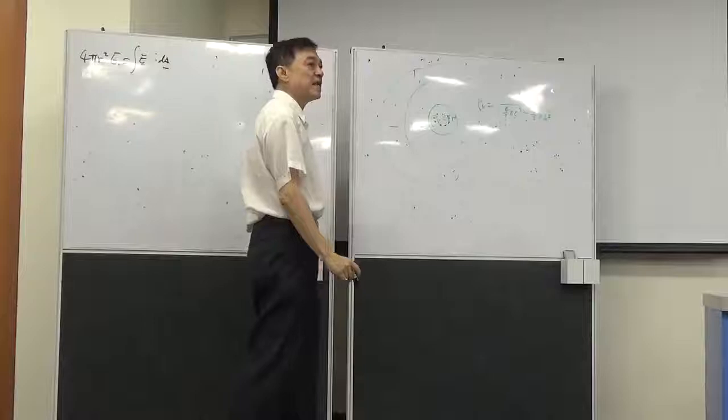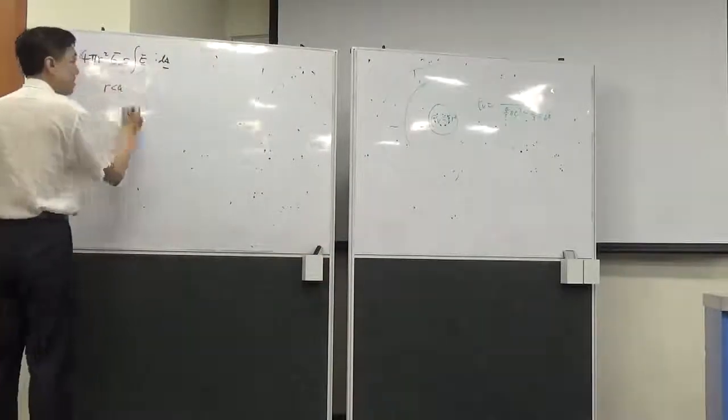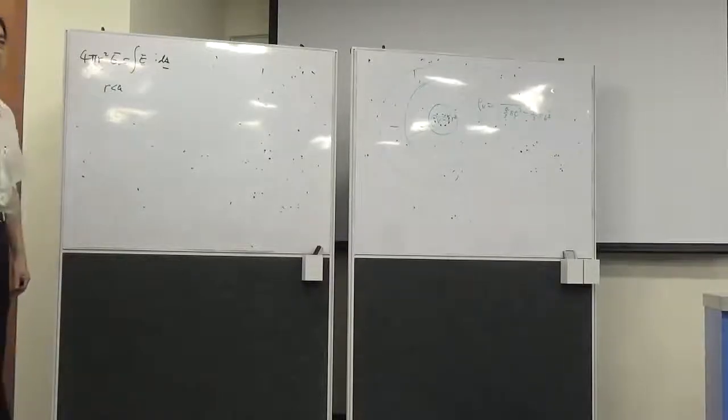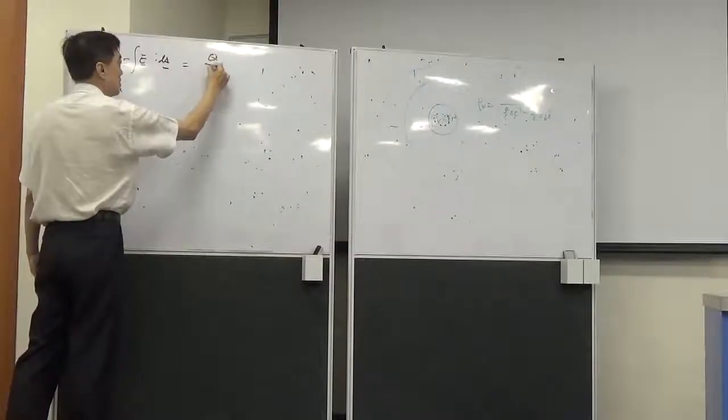So for R smaller than A, what is the charge enclosed? The charge enclosed is Q, which is equal to Q over epsilon naught.